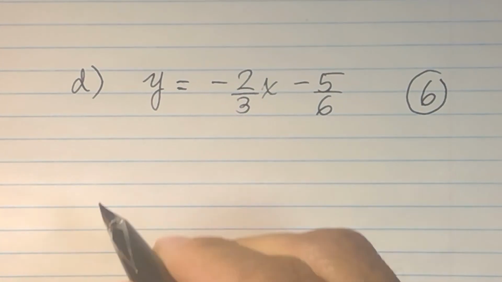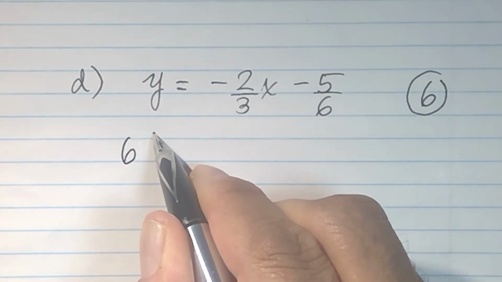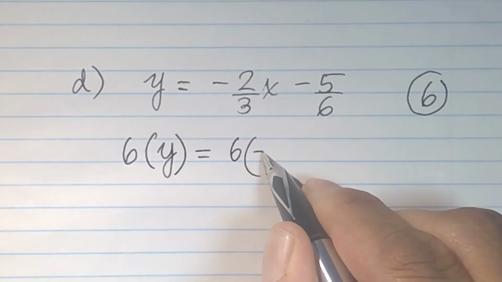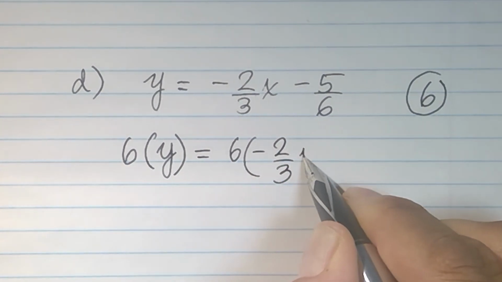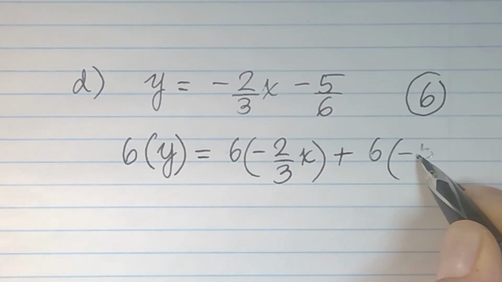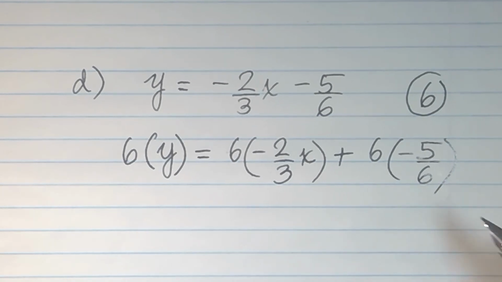That will look like this. 6 times y, 6 times negative 2 over 3x, plus 6 times negative 5 over 6.